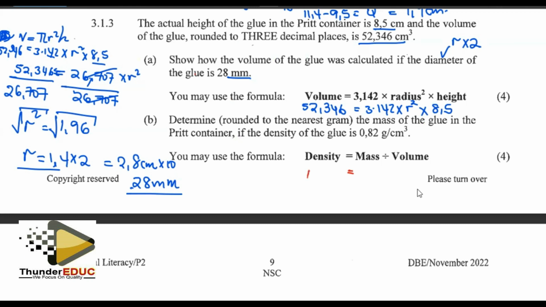Mass simply means it will be density times volume, which will be density, they have already told us is 0.82 times the volume of the glue, which is already given.